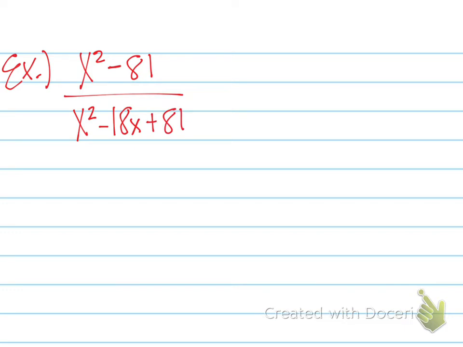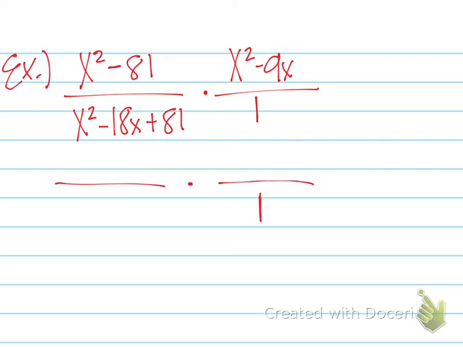So, oh, sorry, I forgot the second part. Times x squared minus 9x over 1. So the only thing that we cannot factor out is this one.